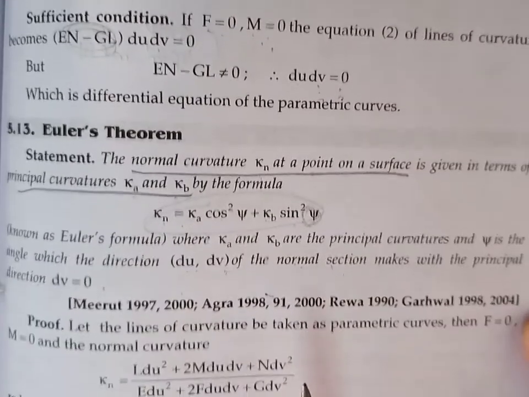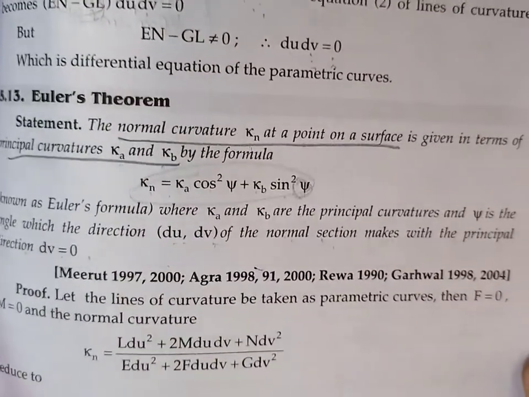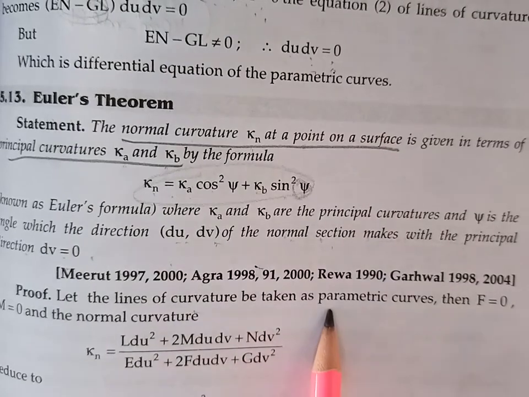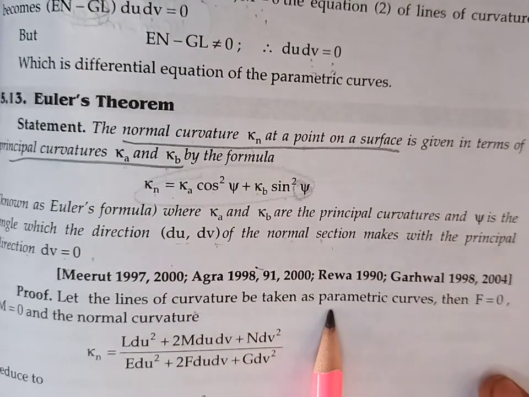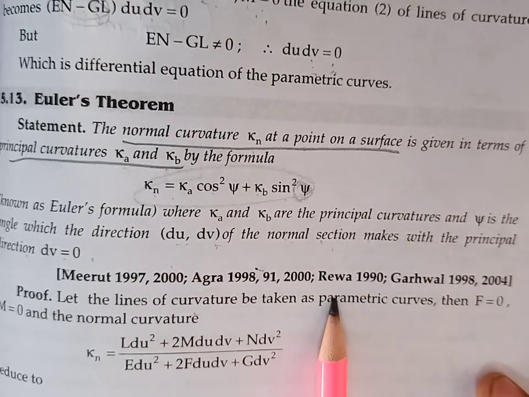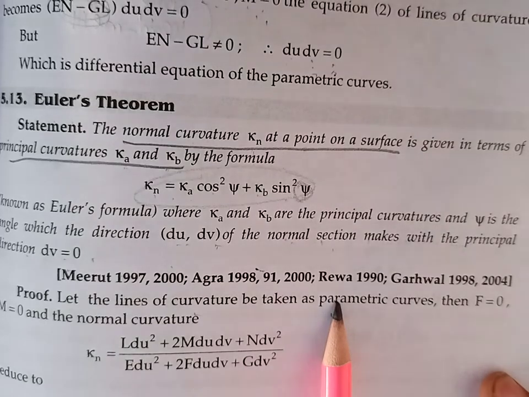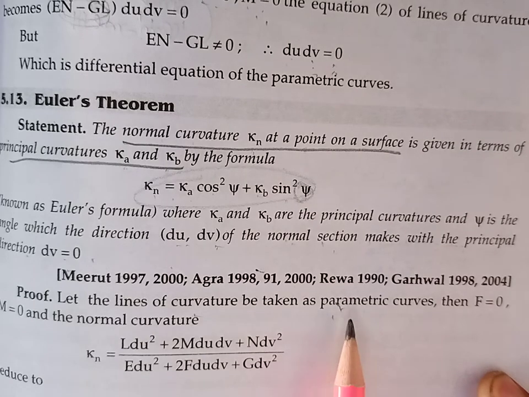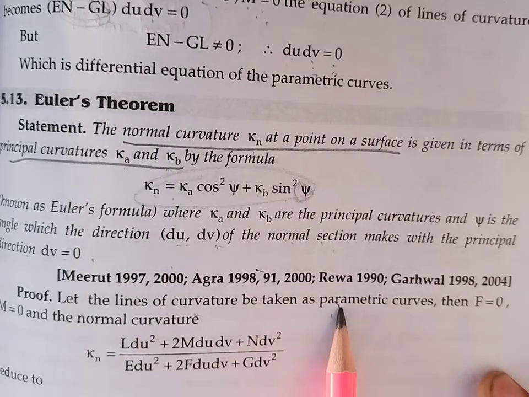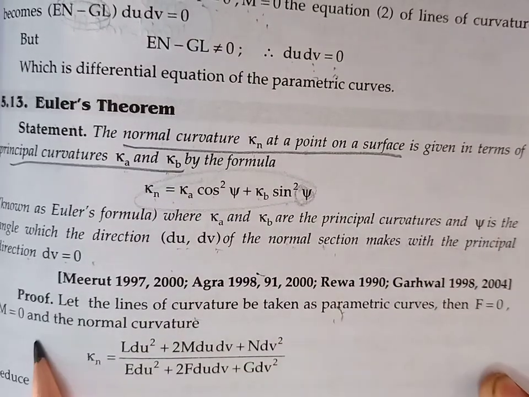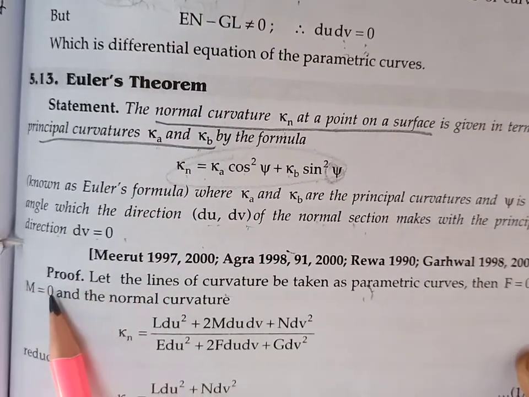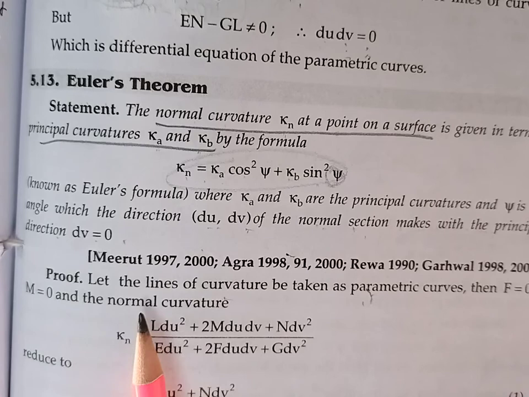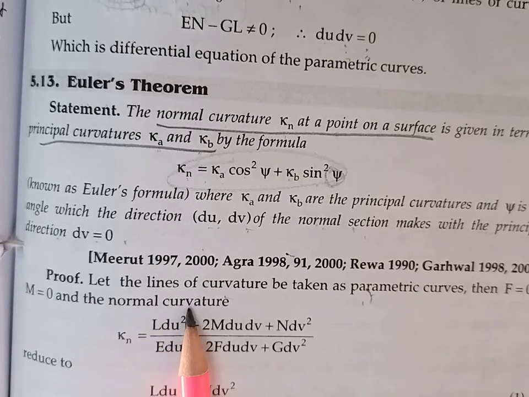Now let the lines of curvature be taken as parametric curves, u = constant and v = constant. As we already discussed in the above theorem, the necessary and sufficient condition for the parametric curves to be lines of curvature is that F and M both are 0. And we also already discussed the formula for normal curvature.